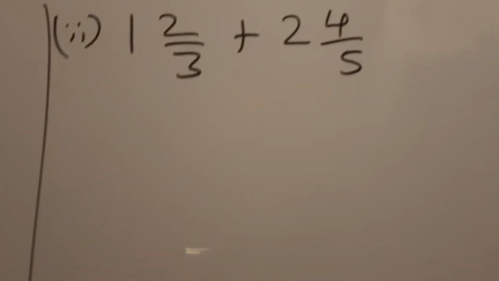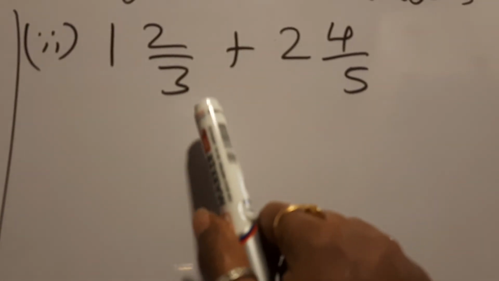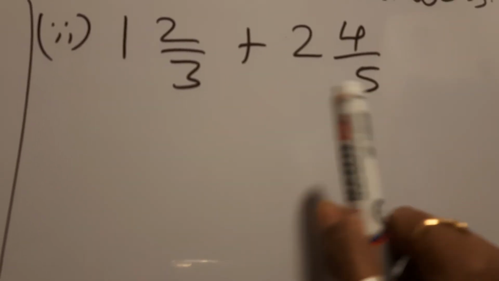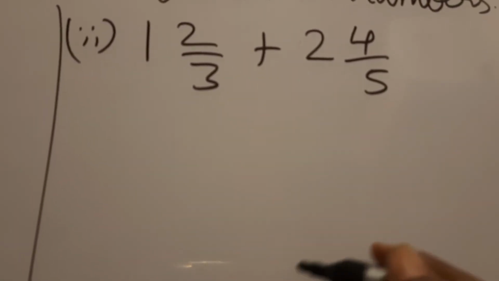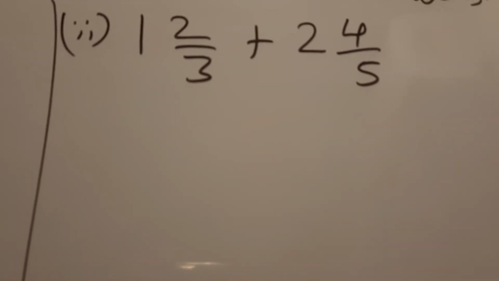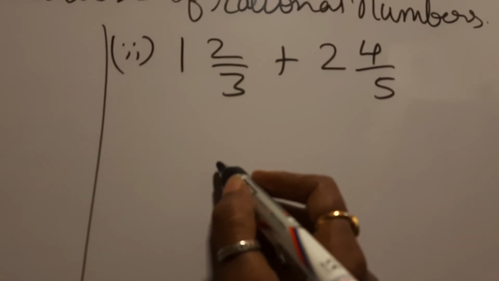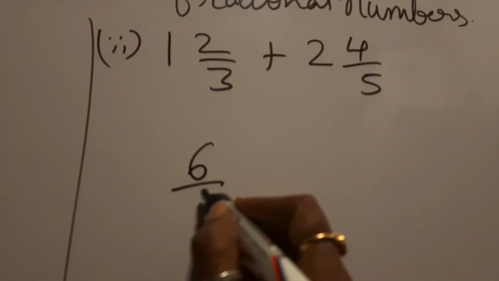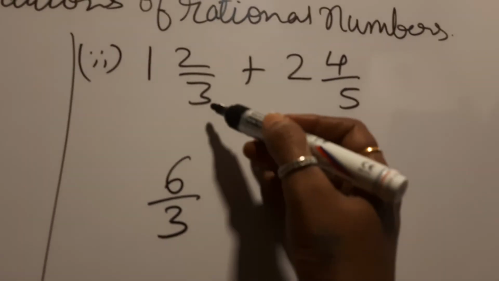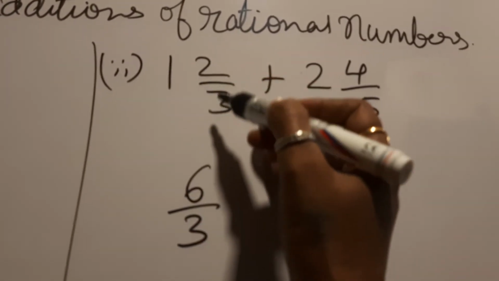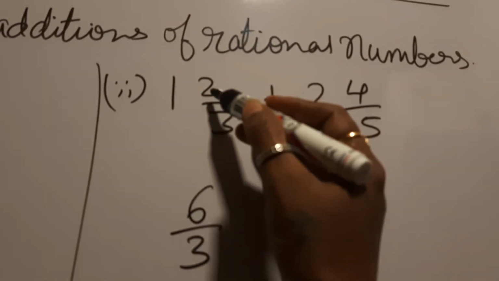Now second sum. Look at the second sum, children. 1 2 upon 3 plus 2 4 upon 5. It is a mixed fraction. So first what will we do? First we will convert it into a fraction. 3 1s are 3, 3 plus 2, 5, so 5 upon 3. You all know how to do it, right? 3 into 1 plus 2. 3 1s are 3 plus 2, 5.